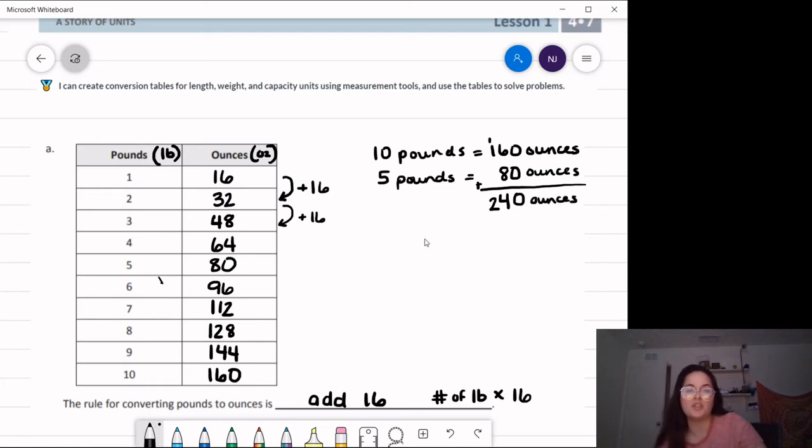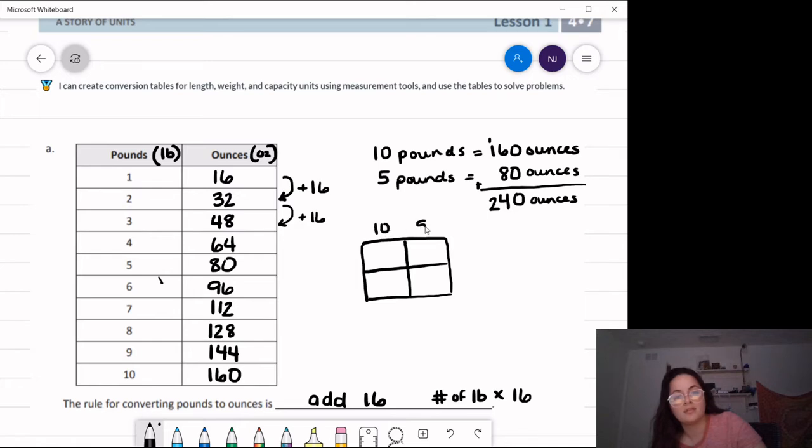That's one strategy. We could have done 15 times 16, because for every one of those 15 pounds, you get 16 ounces. So 16 times 15, I'm going to use my area model. You remember the good old area model, right?